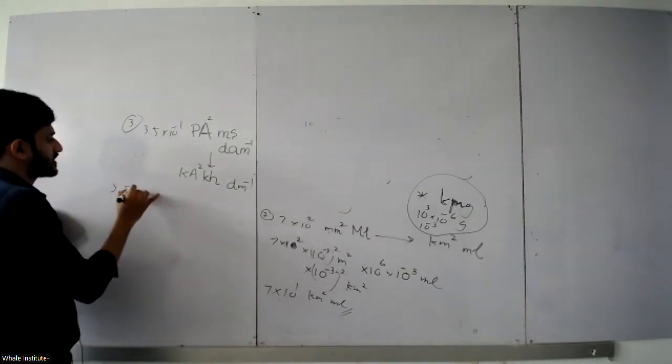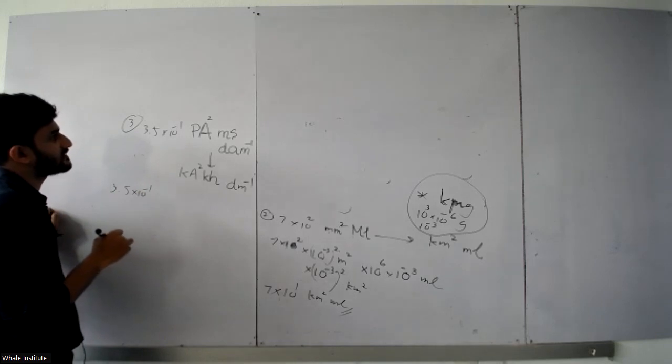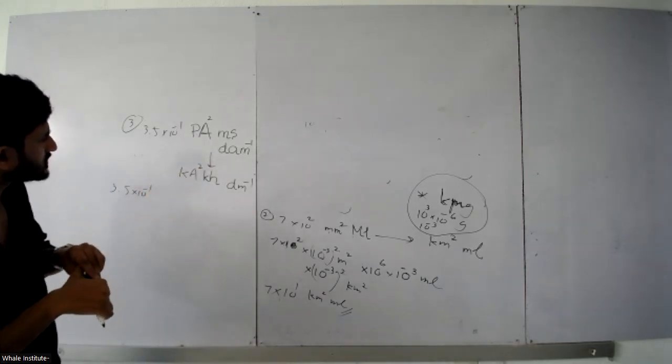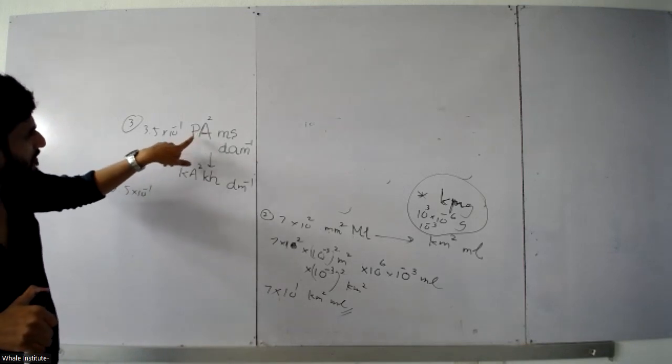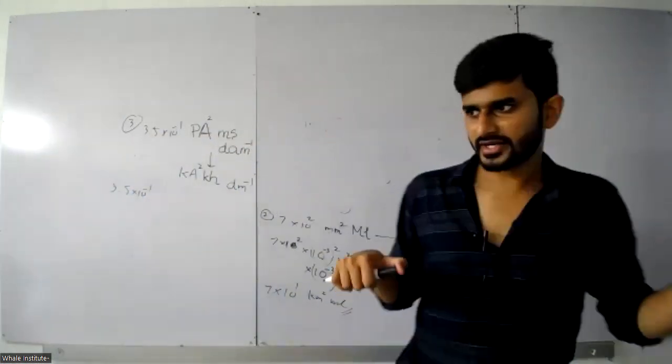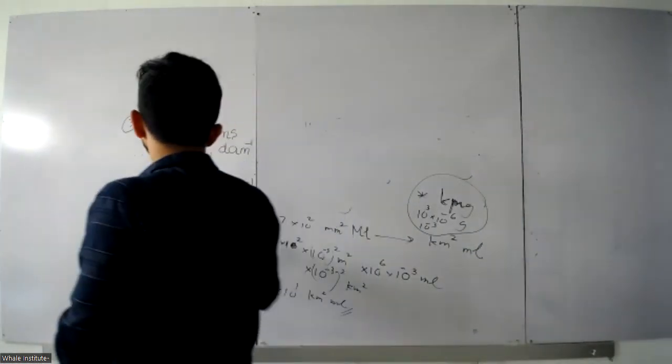3.5 times 10 to the minus 1, I'm adding the numerical value. Then here I'm going to convert ampere square. Here C means 10 to the 15.